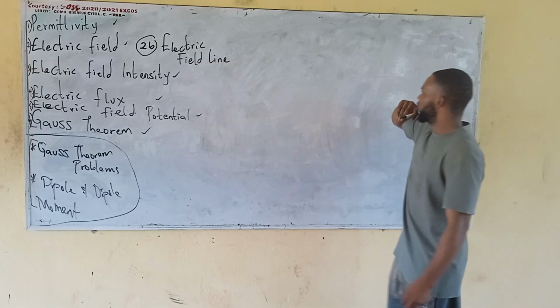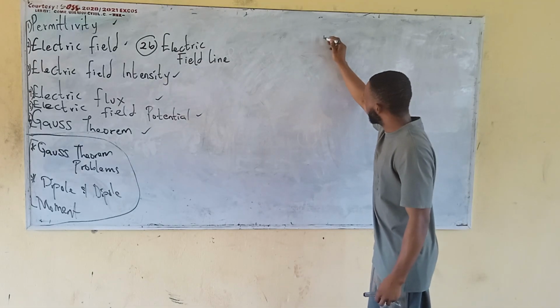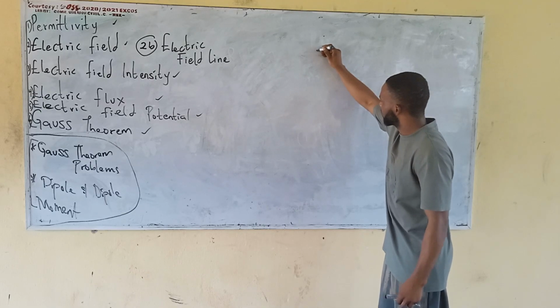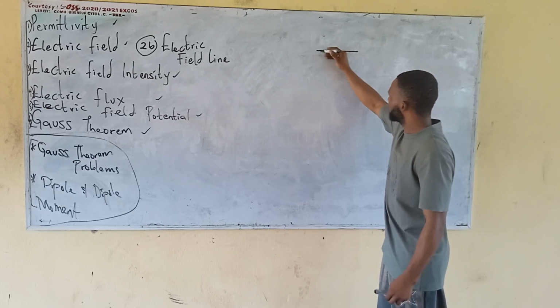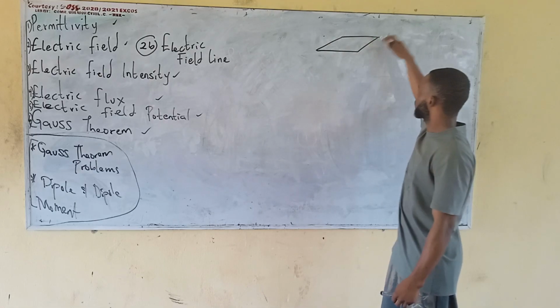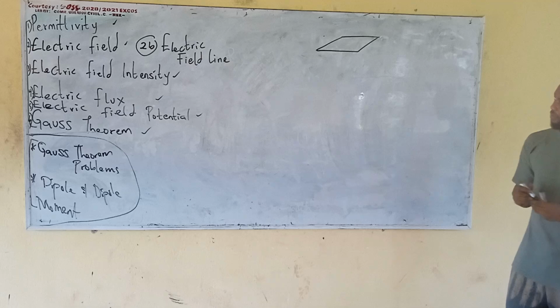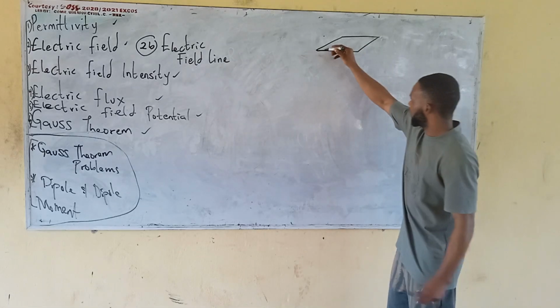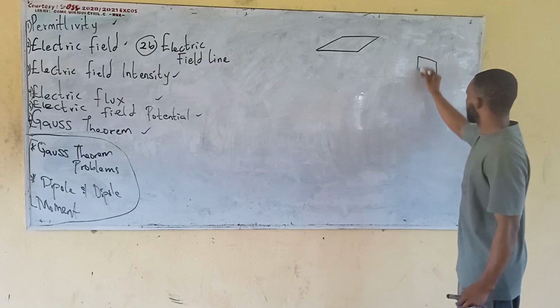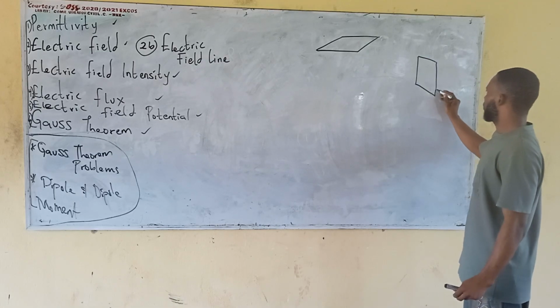So if you know that, let's say I have a surface. This surface that I have is lying down. I can also have this surface like this, depending on how it is placed.